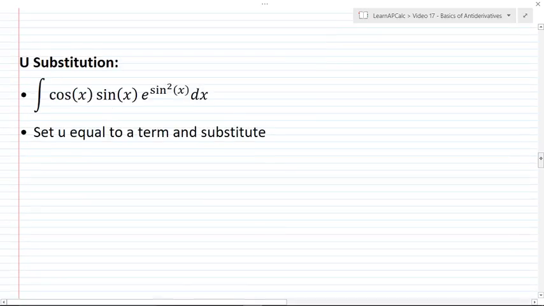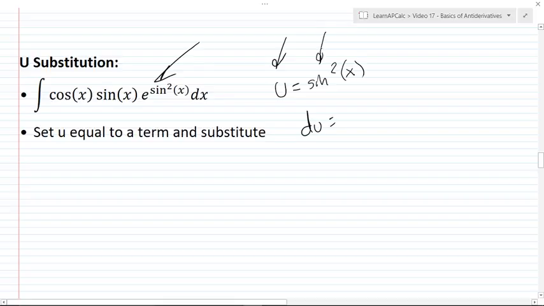But essentially what you need to do is set u equal to something in this integral. So here, sine squared x. You find what du is in relation to dx, so you're just taking this derivative and this derivative.